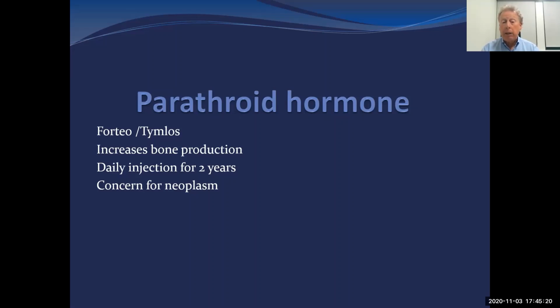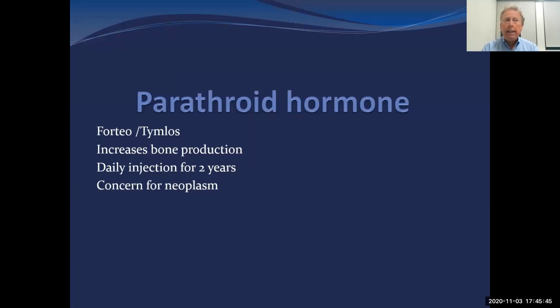It has to do with osteoblasts, and it creates new bone. So this was almost a miracle in the treatment of severe osteoporosis, that we could actually reverse osteoporosis. A lot of the other things we've talked about here kind of stabilize osteoporosis, don't really build it back, but parathyroid hormone can build bone.